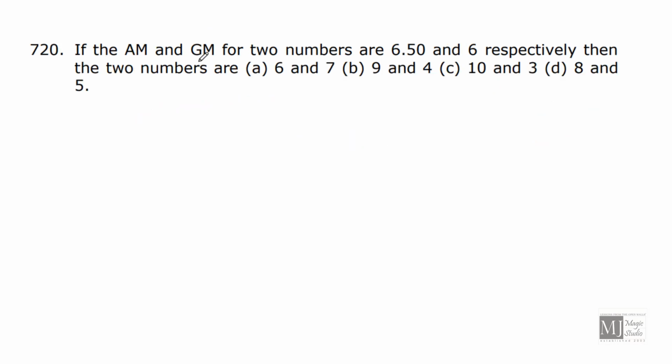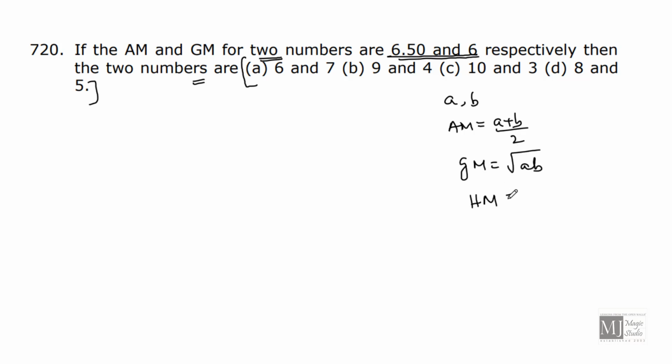If the AM and GM of two numbers are 6.5 and 6, then the two numbers are? We can very easily use the options and find the best fit. If two numbers are there, A and B, then AM would be A plus B by 2. GM is root over AB. And if HM is also asked, that is 2AB upon A plus B. Fine.